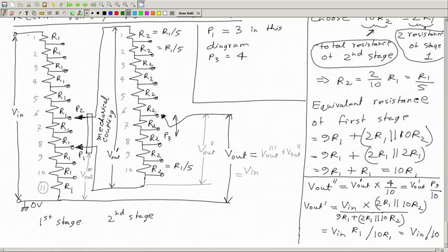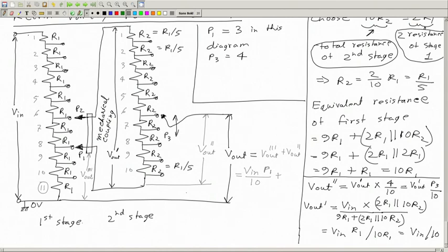So this part I can write as V in multiplied by 3 by 10, or in general P1, this P1 is the position of this point, this lower pointer, divided by 10, and plus this we have already seen.